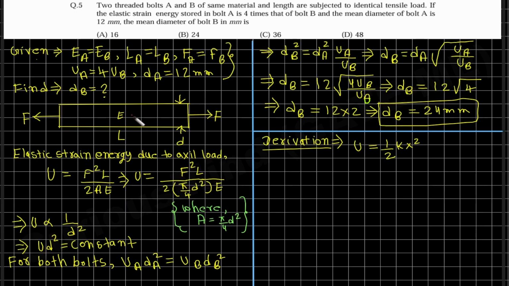Our bar, from our assumption, is a threaded bolt, an elastic material just like the spring, subjected to force F. So there we have it, an equivalent spring.